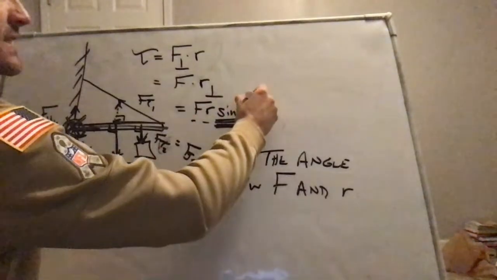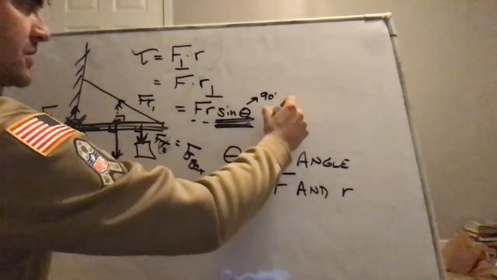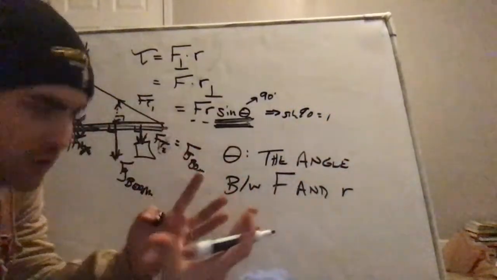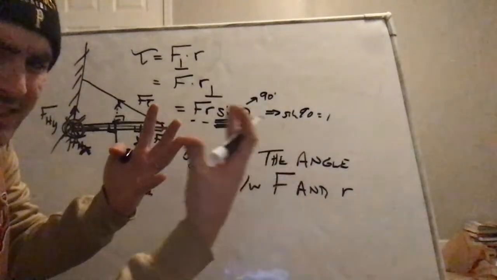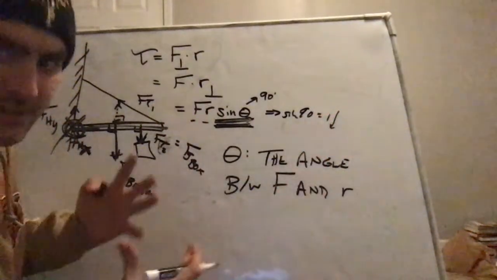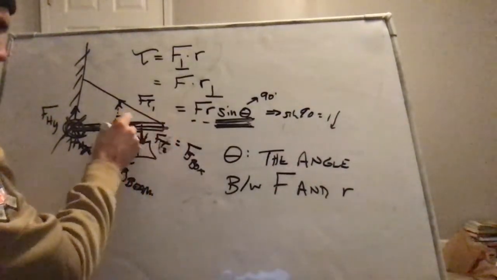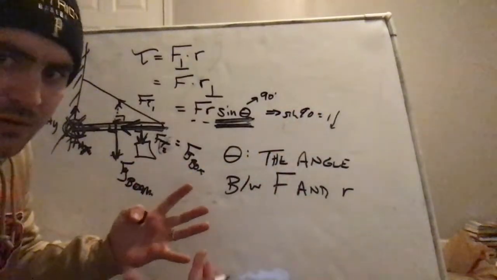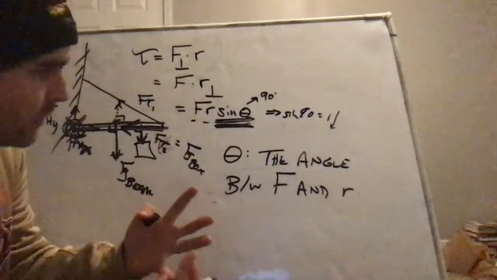If the angle is 90 degrees, then we know sine of 90 is 1, which means 100% of that force is going to cause a torque. If that angle is less than 90, then this number is going to get smaller and smaller until it approaches 0, which means if there's a force acting directly inward down my lever arm, sine of 0 degrees is 0. 0% of that force is going to cause any torque whatsoever.